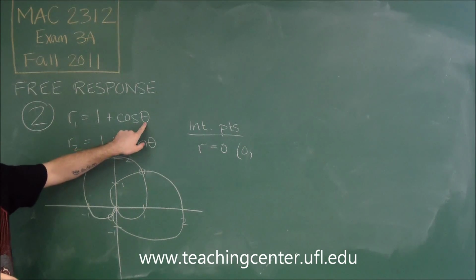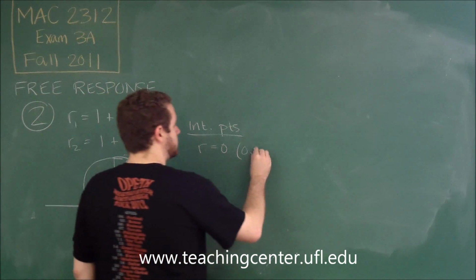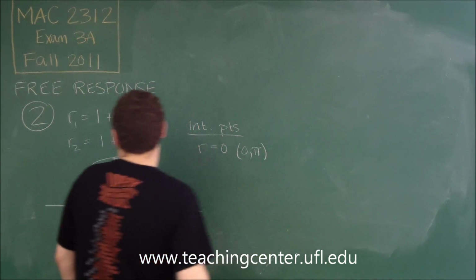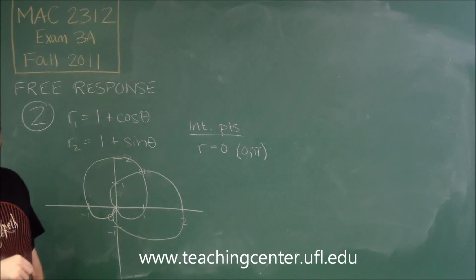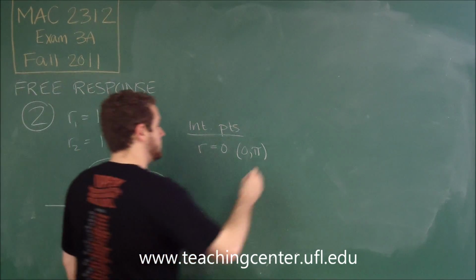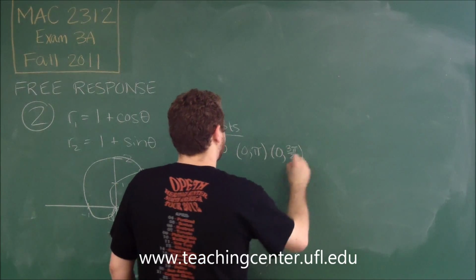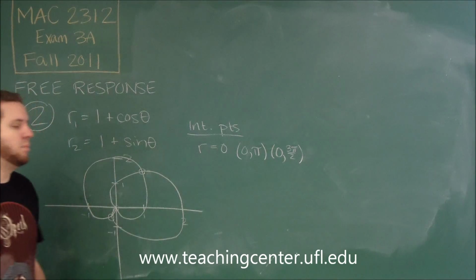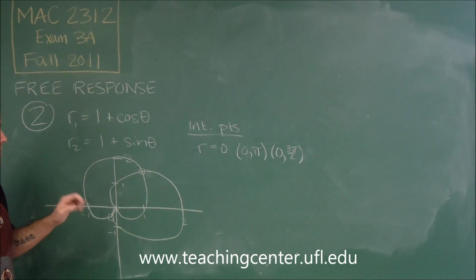It's 0 whenever cosine theta is negative 1. That's when theta is pi. And what about this one? This is whenever sine theta is negative 1, which would be 3 pi over 2. So those 2 points are both the origin. So that's where those intersect.